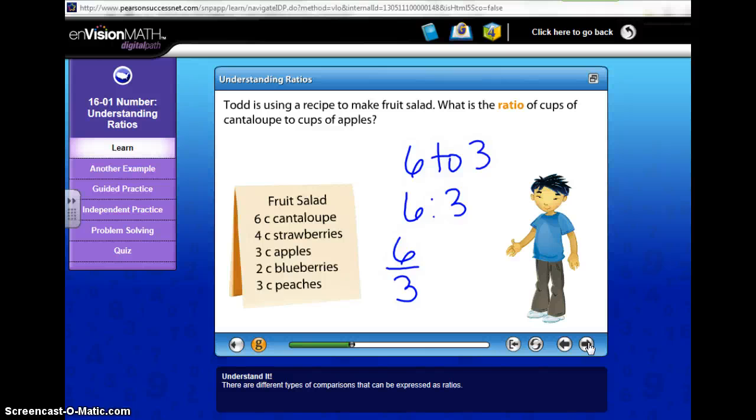That's how we say it. Now, is there a number we could divide both the top and the bottom by? What is it? Okay, we could. And then we would get 2 on the top, 1 on the bottom. So our simplified answer is 2:1. Not 2/1, 2:1.